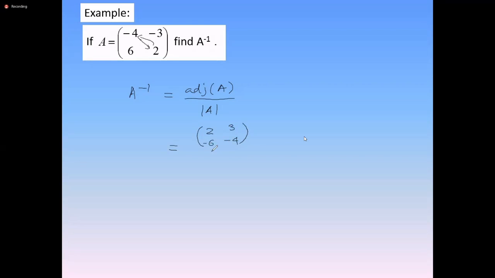So this matrix should be divided by the determinant of A. Here the determinant of A, det A, is calculated by -4 by -2, minus -3 by 6. Because it is a second order determinant, it is easy to calculate.